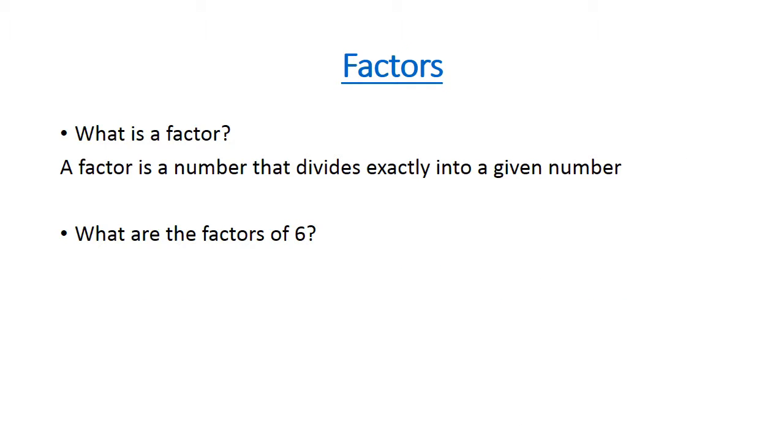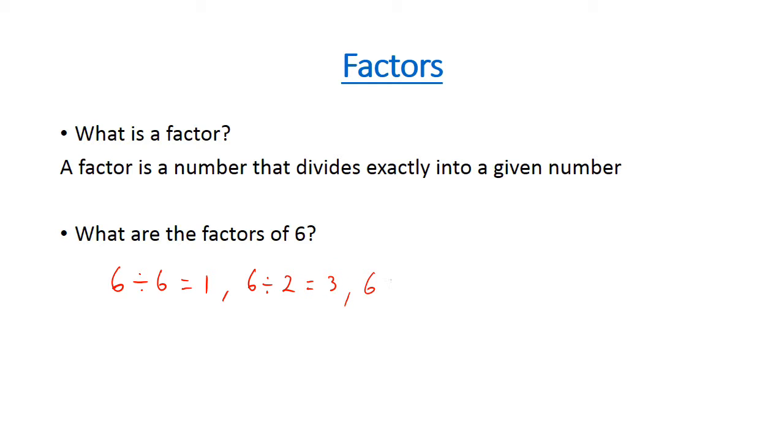So what's a factor? Well, a factor is a number that divides exactly into another given number. So if we look at the number 6 again, and we say, what are the factors of 6? Well, we know that 6 can be divided by 6 because that gives us 1. We know 6 can be divided by 2 and that gives us 3.